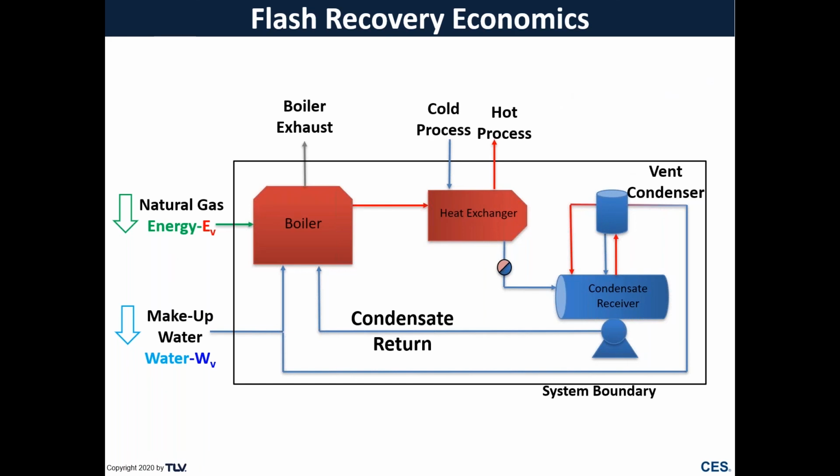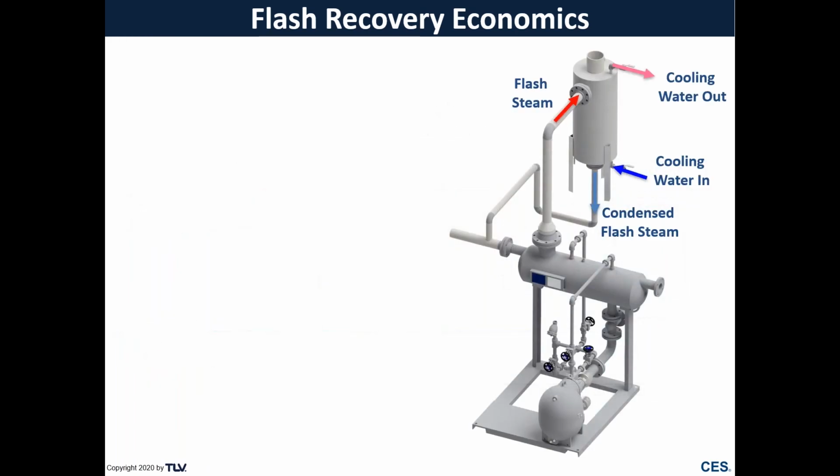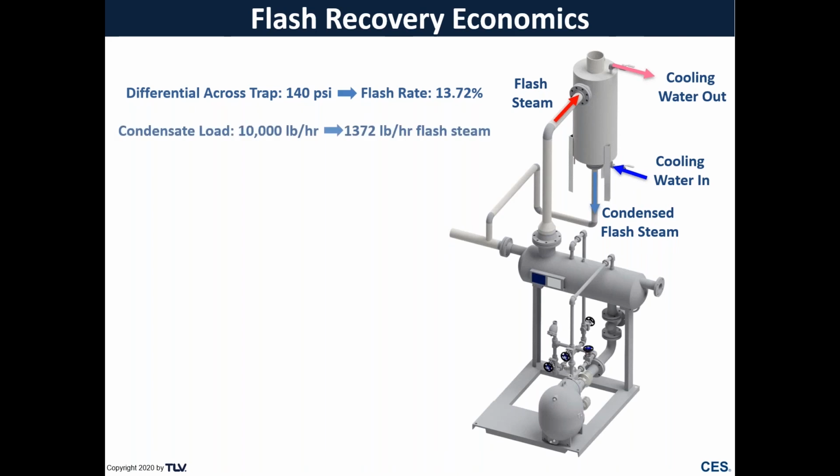So I'm just going to run through a quick example of what these dollar savings would look like. Let's say we have a system, a steam trap, where we have a differential of 140 psi, and at 140 psi pressure drop, that results in a flash rate of 13.72%.